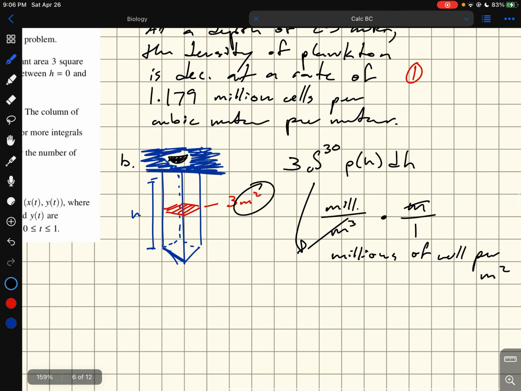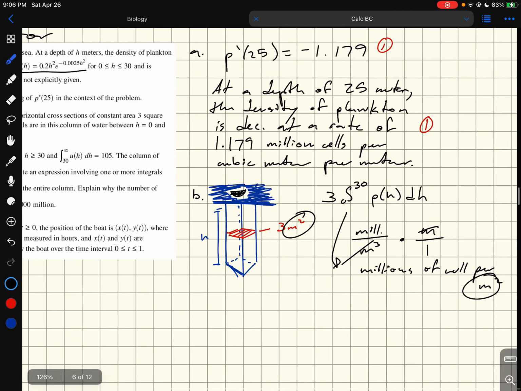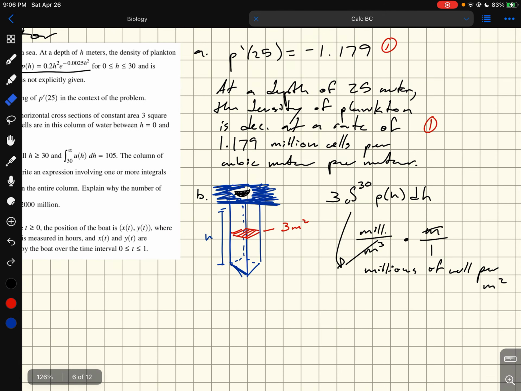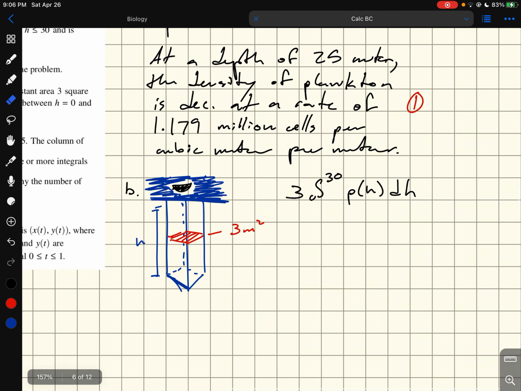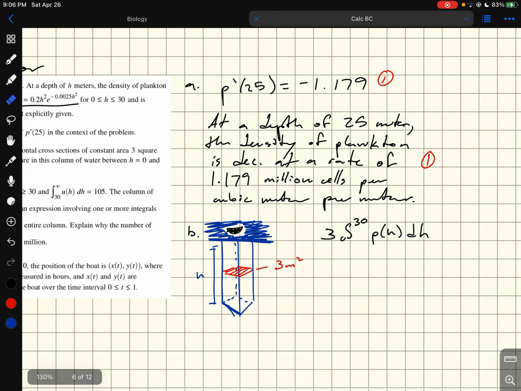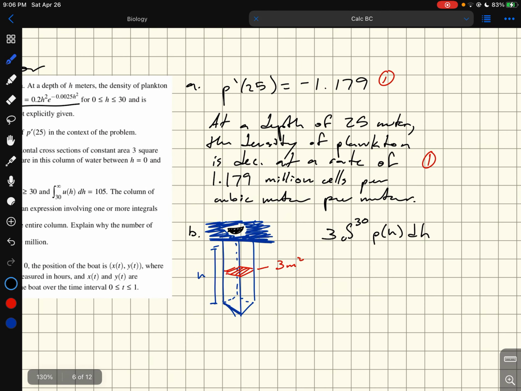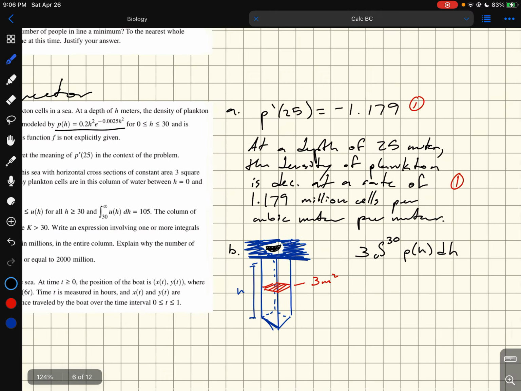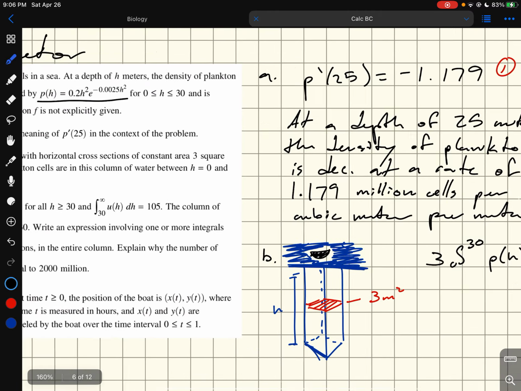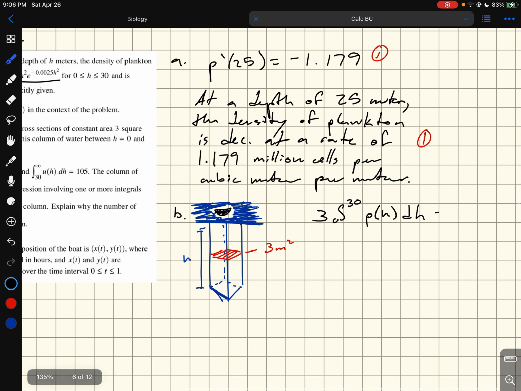And we can do that because the units match after taking the integral. Now you just put that into your calculator. Of course, instead of writing P of H, you write that. I'm just going to tell you right now, the answer is 1,675.4149.